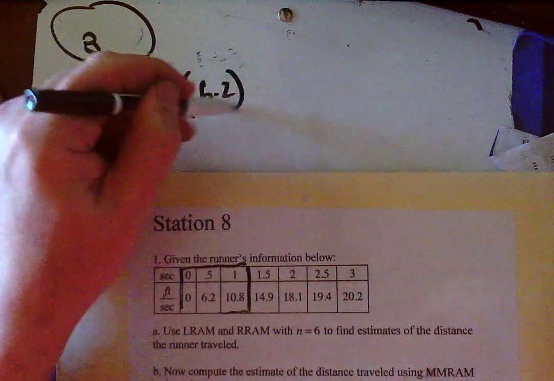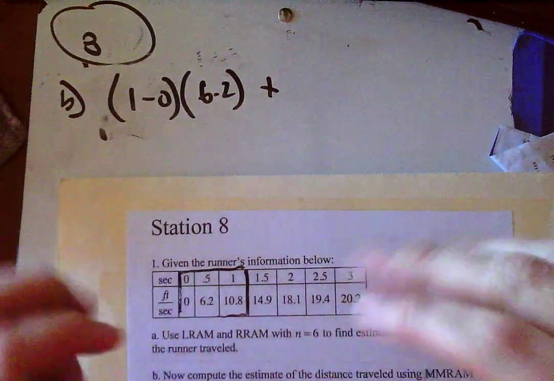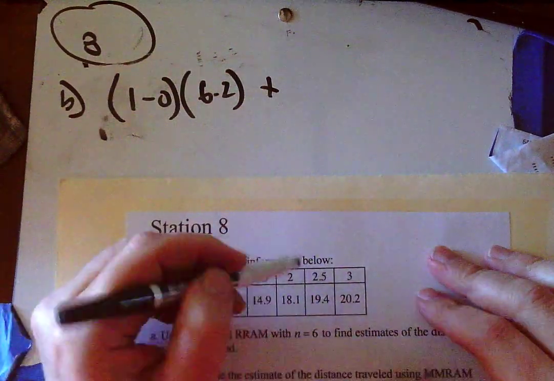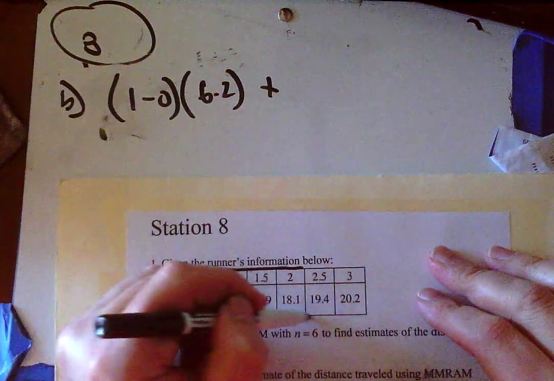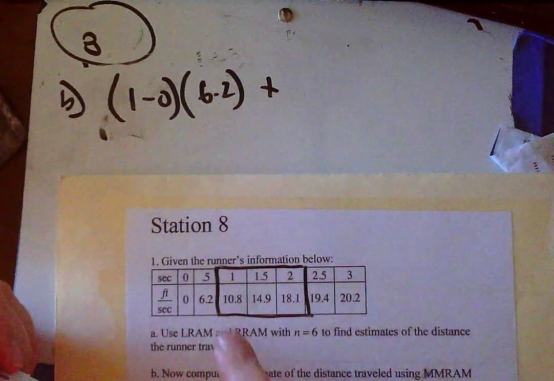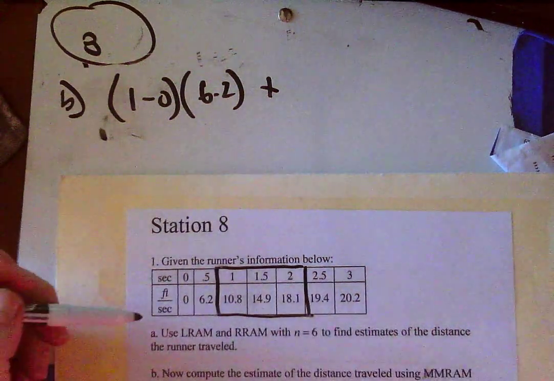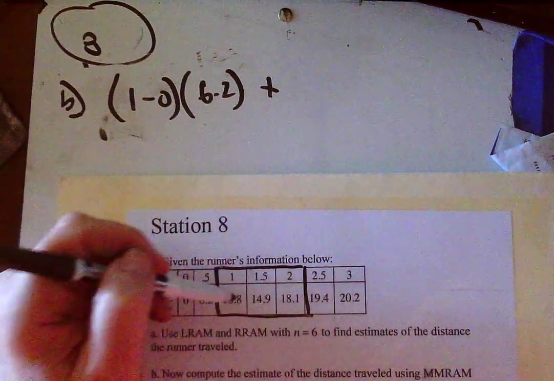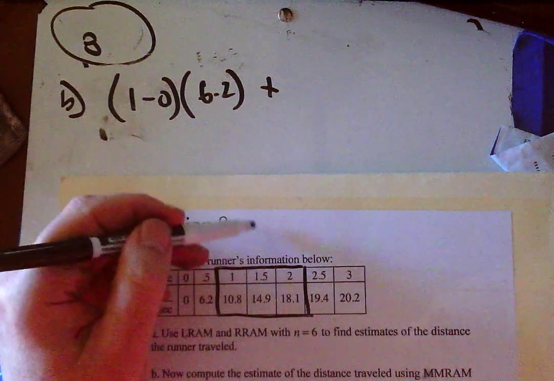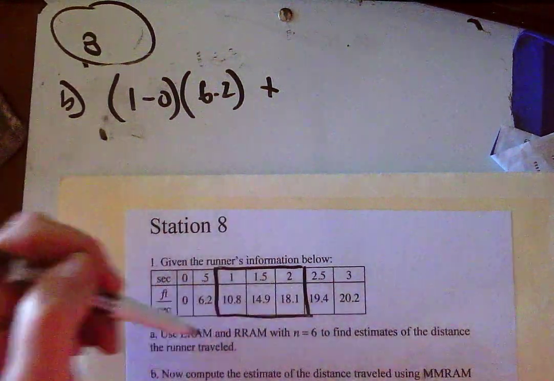6.3. Plus, now the next one that we're going to go next is this one. It goes from, just like this one, from 0 to 1. The next one goes from 1 to 2. But we're not going to use these y values. I'm going to go halfway across and use this one.